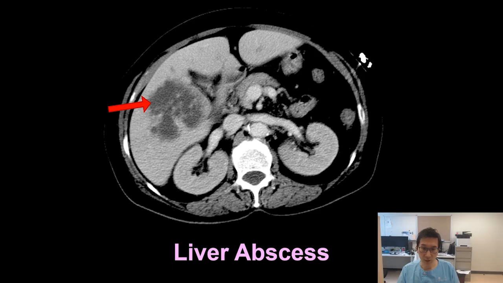It's also important in suggesting whether this is an underlying tumor or a tumor with an infected component. So CT here is far superior to plain radiographs, which would not be able to pick up an abscess easily in the liver unless there was a clear air fluid level.